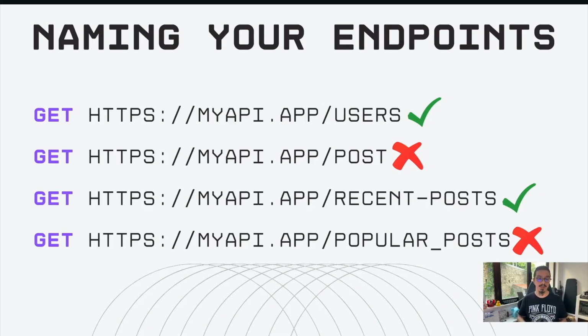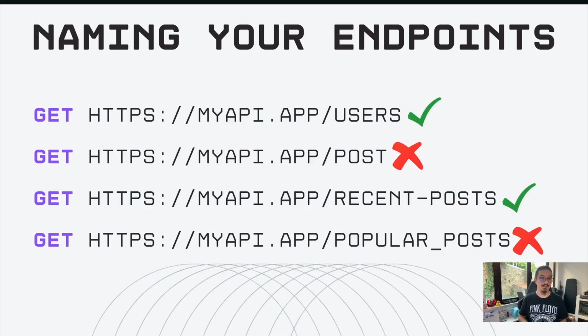And this could be an issue for the users that are integrating with your API, because if they integrate, for example, the users endpoint first, they'll think, okay, I need to get the list of posts. So probably the endpoint is posts, right? Because we had the endpoint for users that's called users. They test and check, okay, that's a 404.